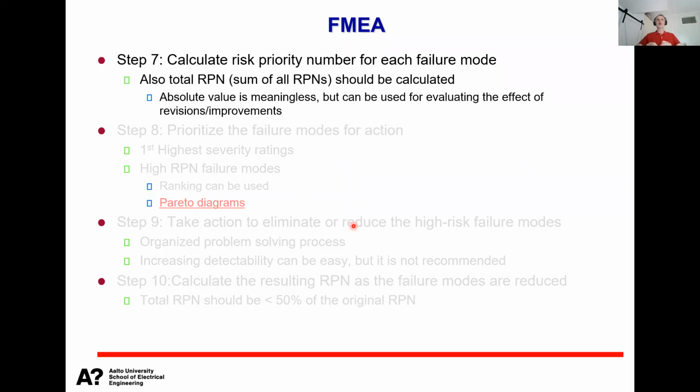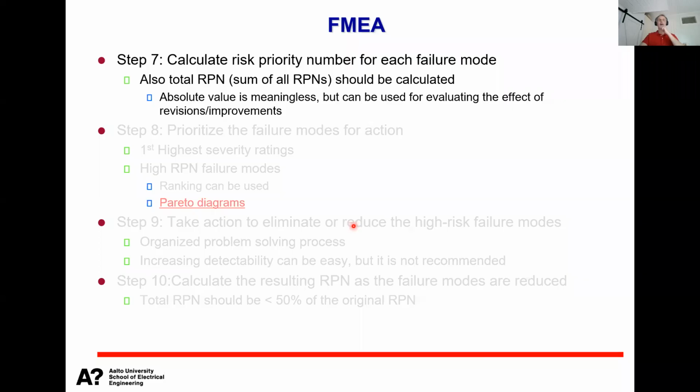But the total RPN number is used to evaluate the actual effect of your corrective actions, your improvement. So how much you were able to improve the product or decrease the effects of failures by doing the improvements.